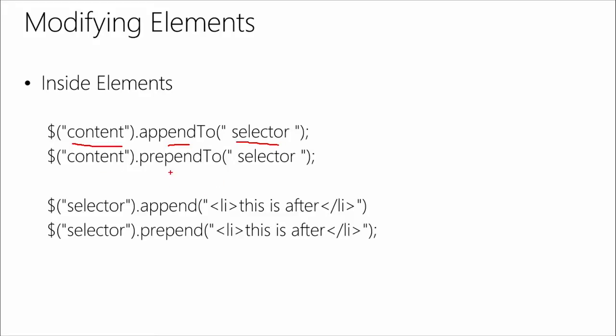Same thing with prependTo, except it would add it to the front instead of the rear. The second kind of syntax we have is that we start with the selector and then say append, and then put the content. These all do identical things, append and appendTo, and prepend and prependTo. It's just that the syntax is a little bit different.